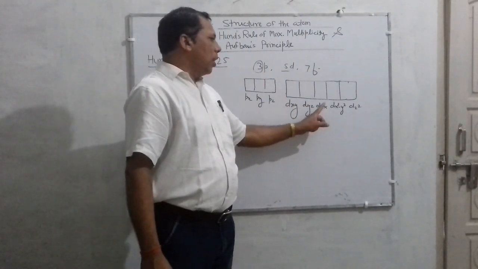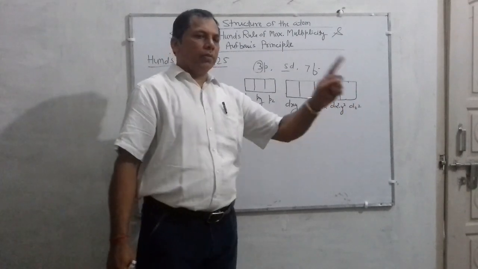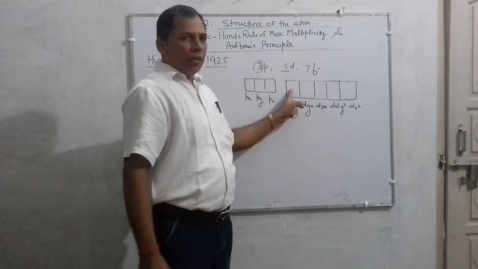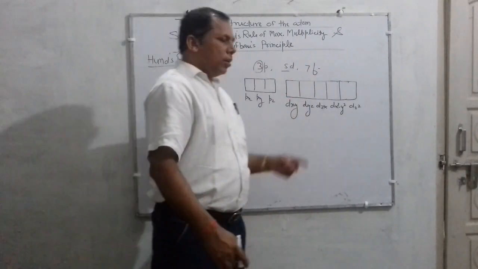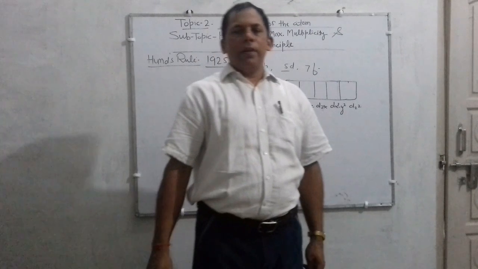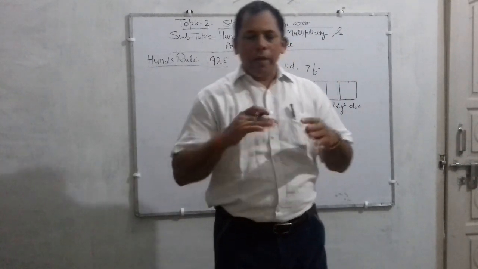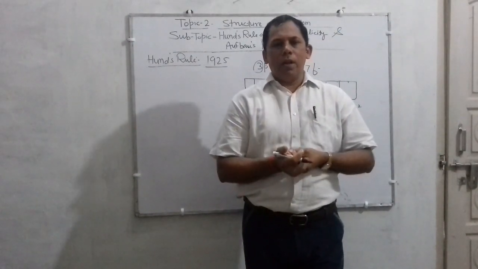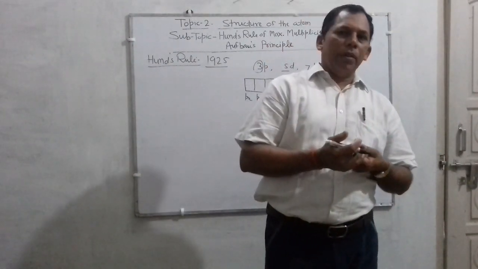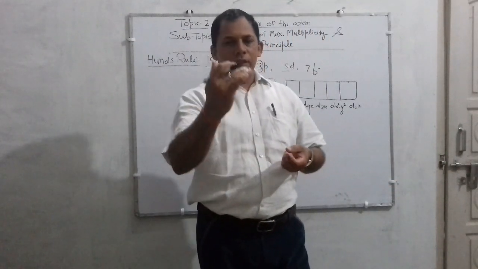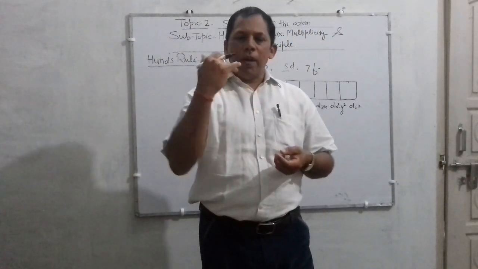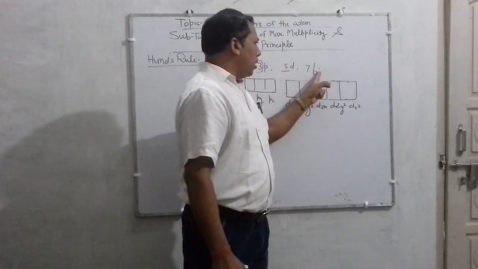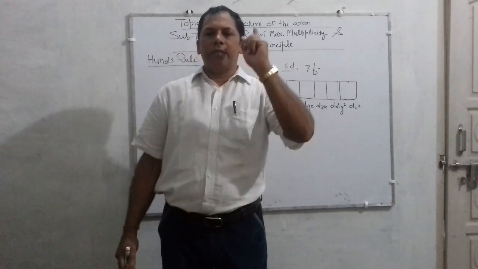There are 5 orbitals in d. Similarly, there are 7 orbitals in f, namely fx(y square minus z square), fy(z square minus x square), fz(x square minus y square), fxyz, fx cube, fy cube and fz cube. This number shows that the f orbital is of 7 kinds.